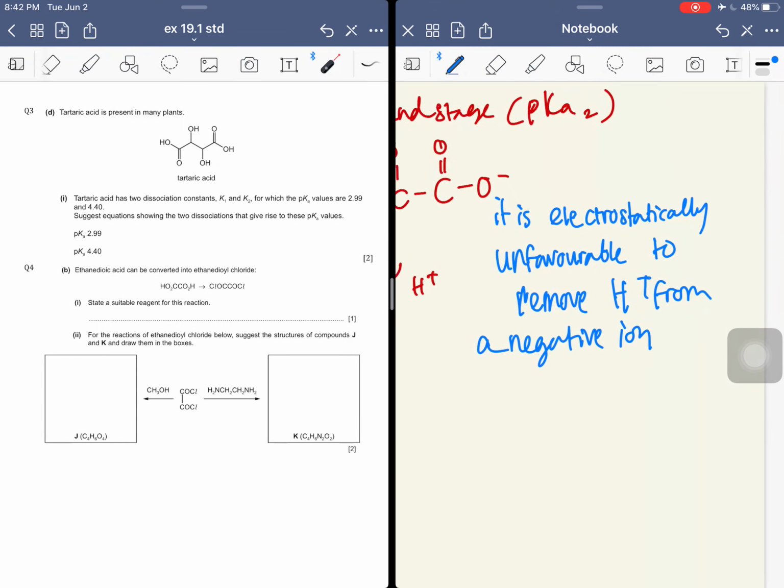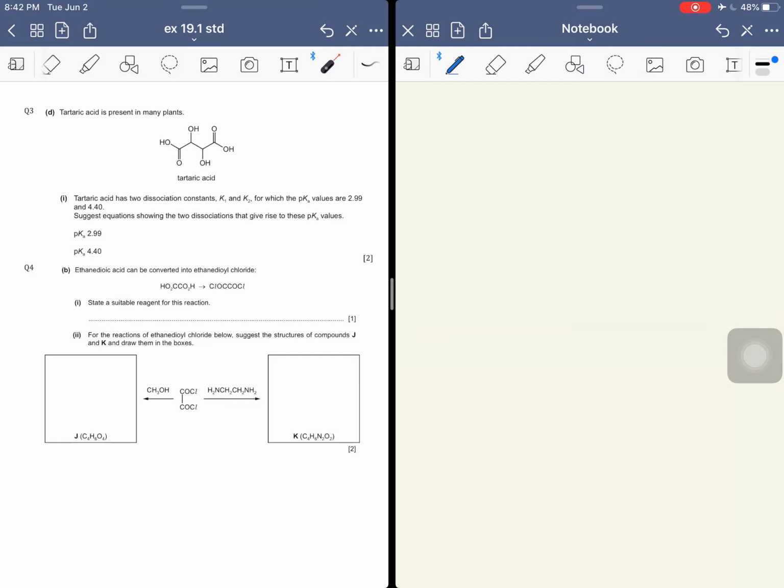Okay, for question 3, tartaric acid has 2 dissociation constants, same thing, because you will remove the first hydrogen ion first, that's your Ka1, and then you remove the second one, which is Ka2. So you have to think, the first one, pK1, is 2.99.